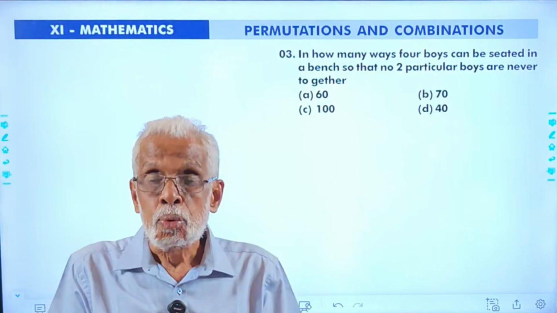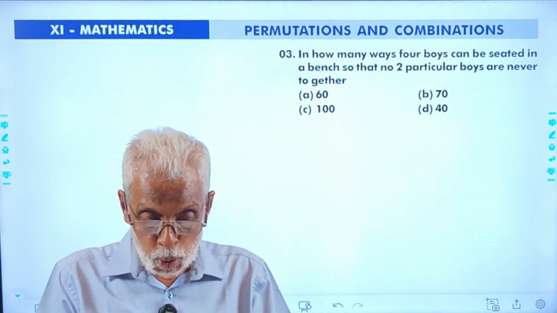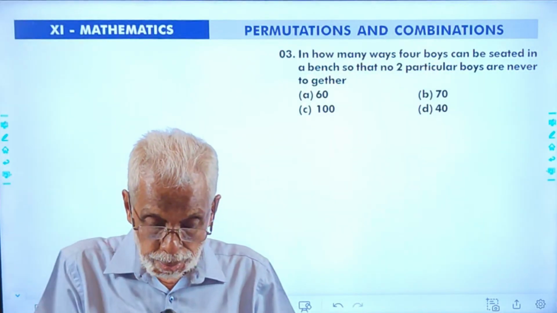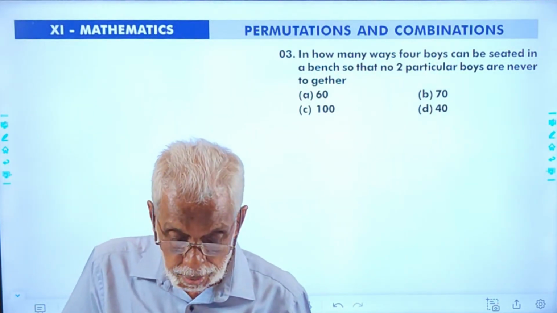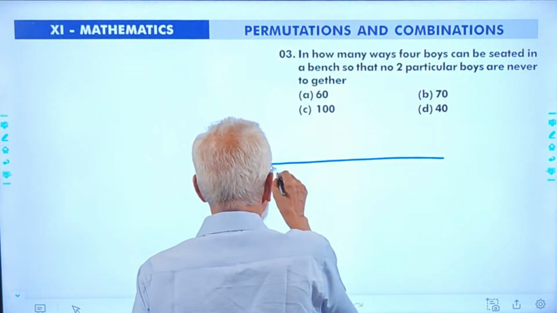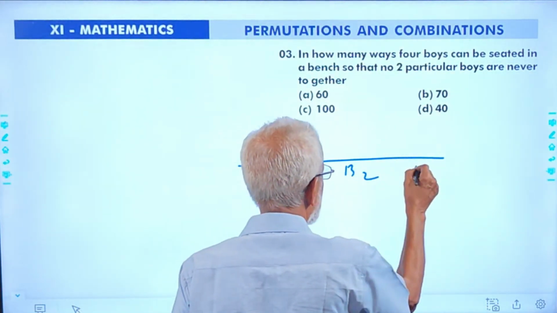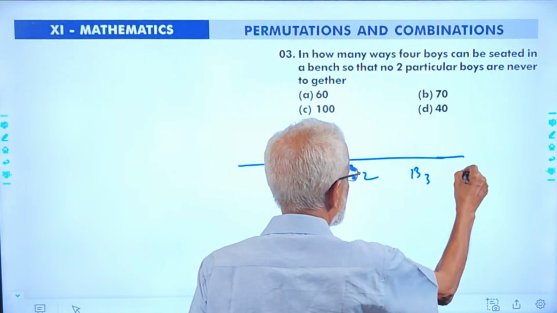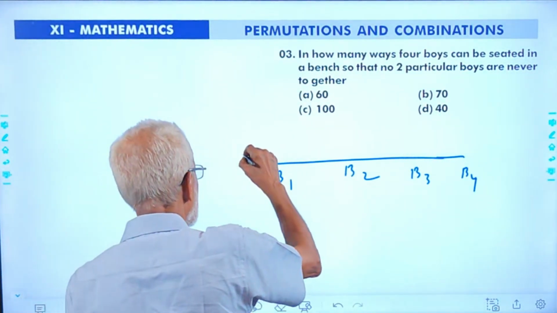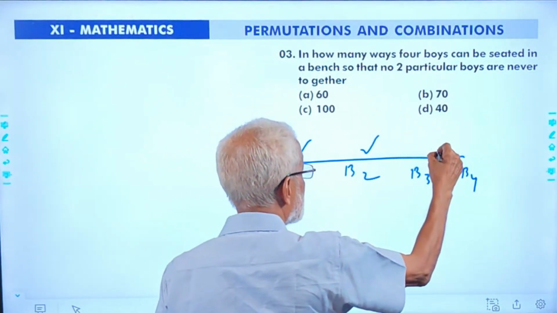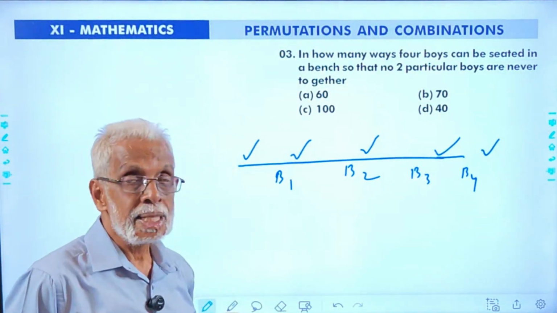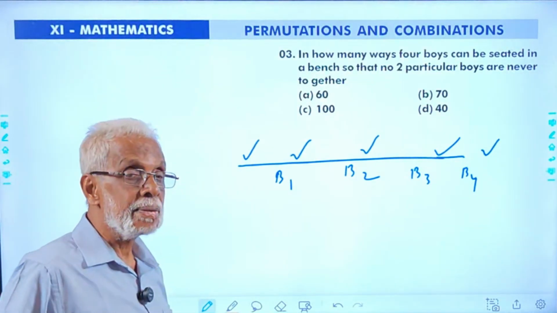In how many ways can 4 boys be seated in a bench so that no 2 particular boys are together? There are 4 boys. Two particular boys are never together. Therefore, if the 2 particular boys take their seats in any 2 of the 5 seats marked, then they are never together.